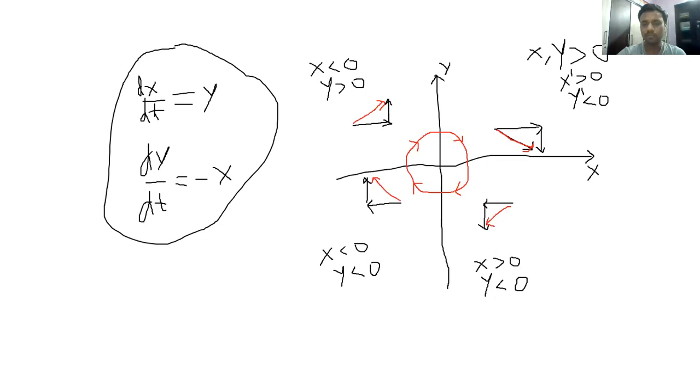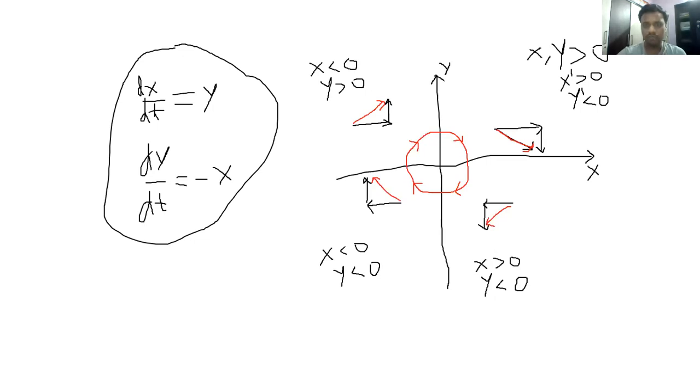If you start with any initial conditions, they will go like this. They go to a maximum at this level and this level, and then they start going downward.